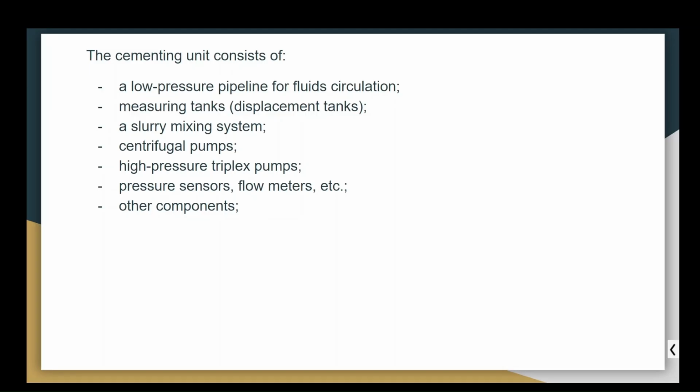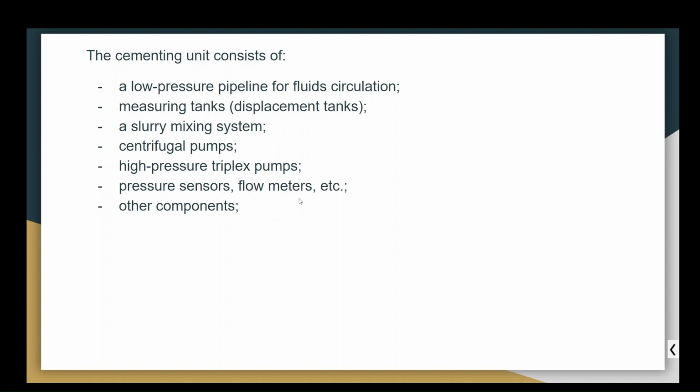This is a pipe, probably 5, 6 or 4 inch diameter, to circulate fluids, water, drilling mud, and cement slurry in the cement unit. Measuring tanks or displacement tanks are for mix water and for displacement fluids, and also for spacer or washer fluids.